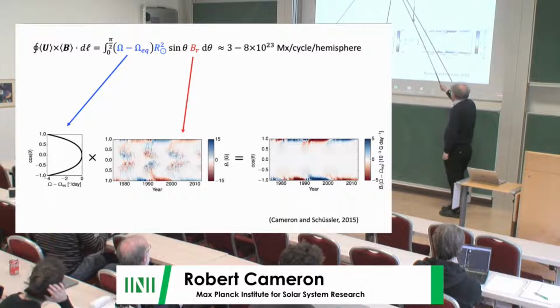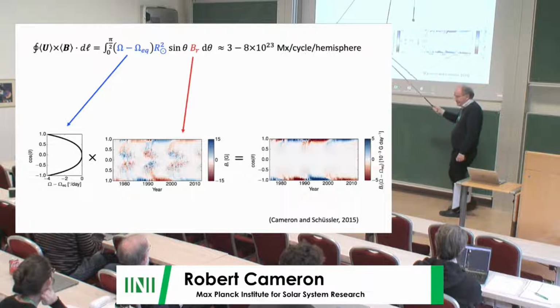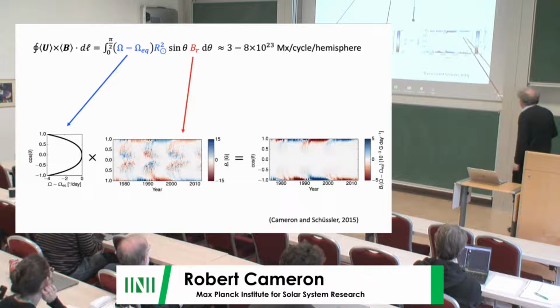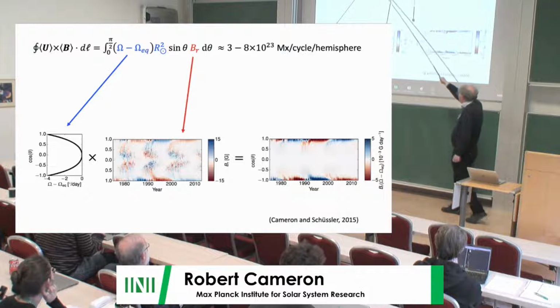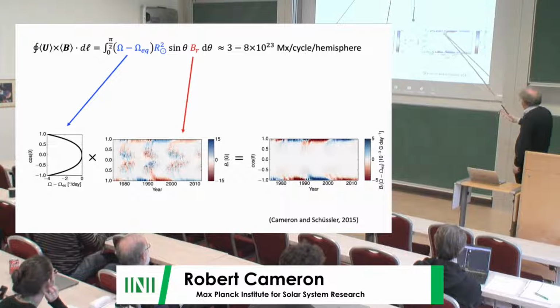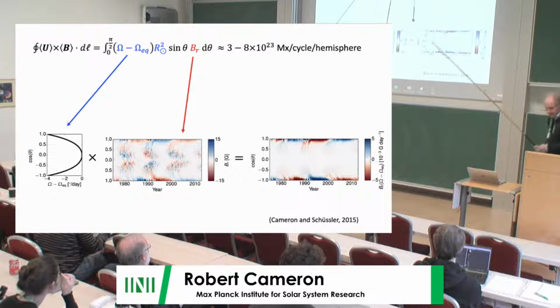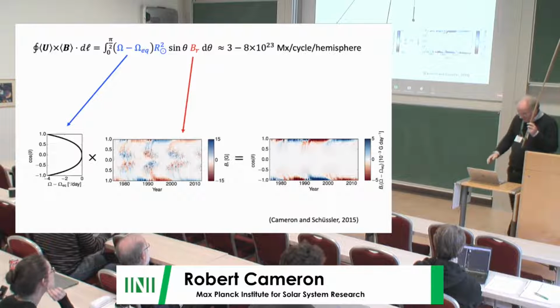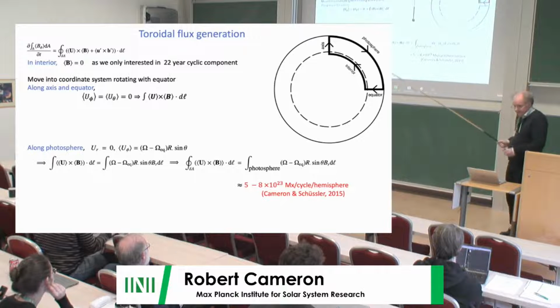We can observe the radial field at the surface. I can multiply these two together, and I get the integrand, except for this factor of r squared, which is quite well known. You can see the integrand is concentrated at the poles and has this form. I do numerical integration, so it's easy enough, and I find 5 to 8 times 10 to the 23 Maxwells per hemisphere per cycle are generated.